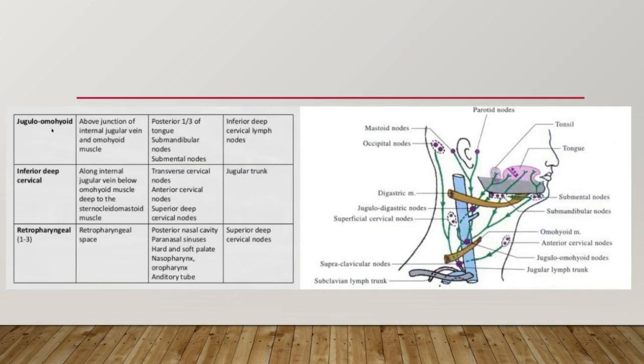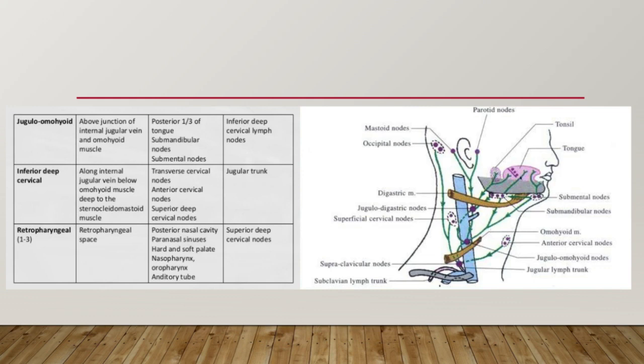Coming to the jugulo-omohyoid group of lymph nodes. The jugulo-omohyoid group of lymph nodes, as you can see here, lies above the junction of the internal jugular vein and the omohyoid muscle. Where the omohyoid muscle crosses the internal jugular vein, that is where you find the jugulo-omohyoid lymph node.